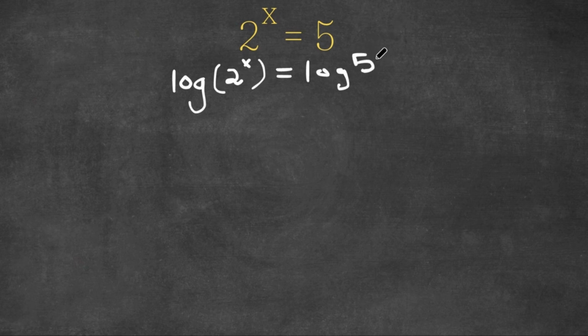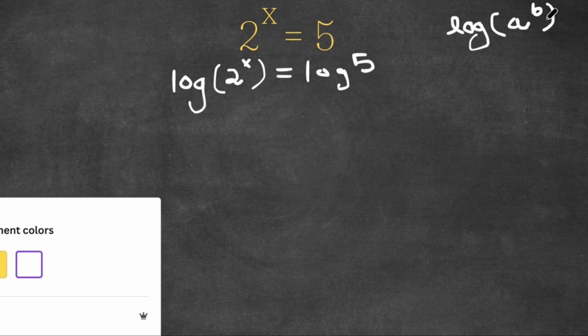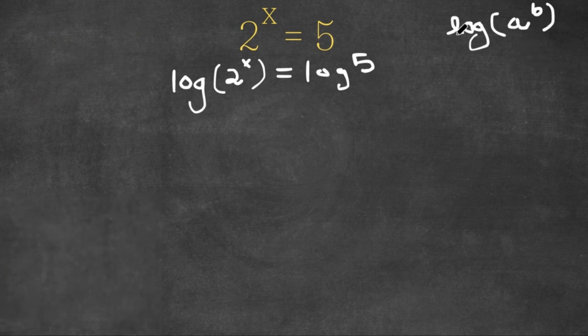Now, an important property of logarithms states that if we have a logarithm in the form log of a to the power of b, the power property of logarithms states that I can actually move b, our exponent, to the front of the logarithm.